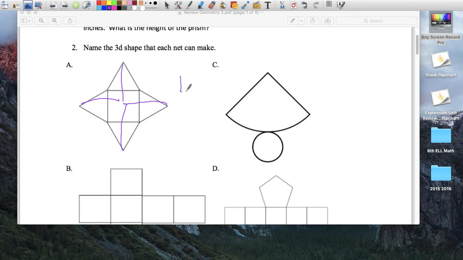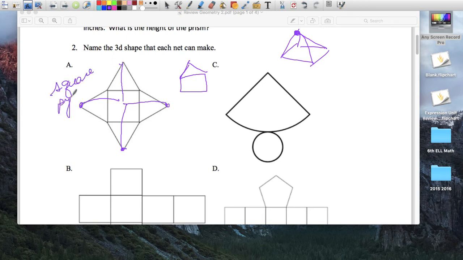And what you're going to get is a pyramid, because all these 4 points are going to connect on top. I don't know how to draw a pyramid. Maybe like this. There you go. They're all going to join on top here, and that's going to create a pyramid. And what type of pyramid is this? It's going to be a square pyramid.